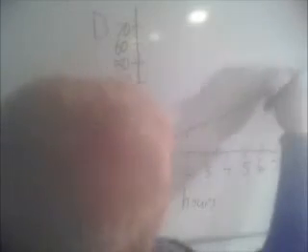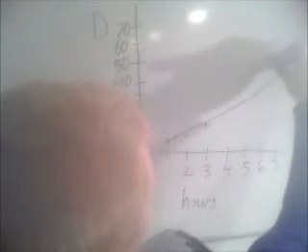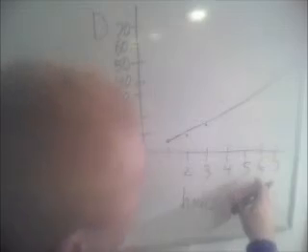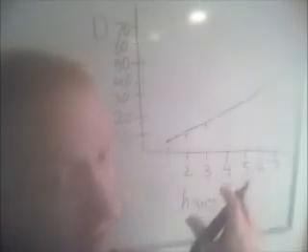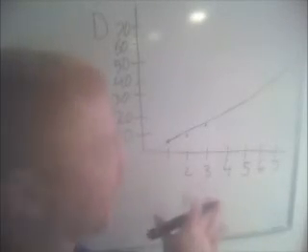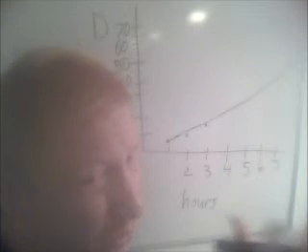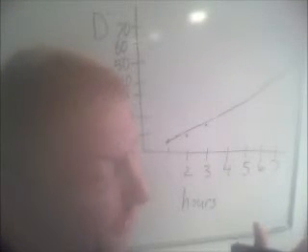That didn't quite work because it really should be up a little bit higher like this. And you would be able to see that after 6 hours, they had gone 65 miles. If you draw this on graph paper, it will look right, and you will be able to use the graph as a way of finding the distance.